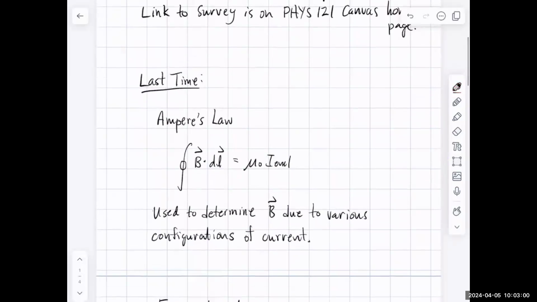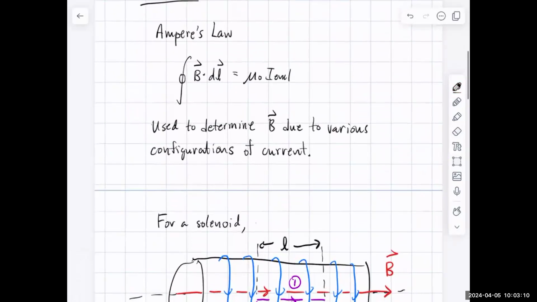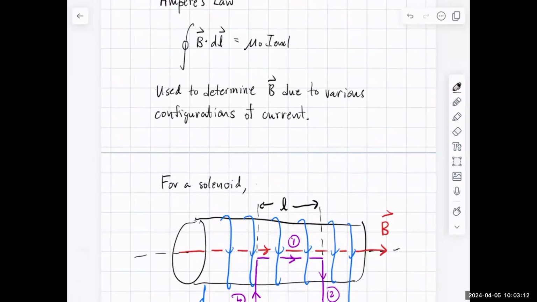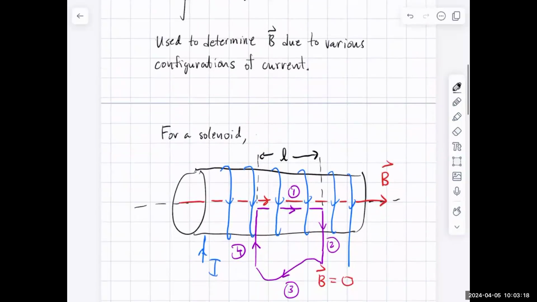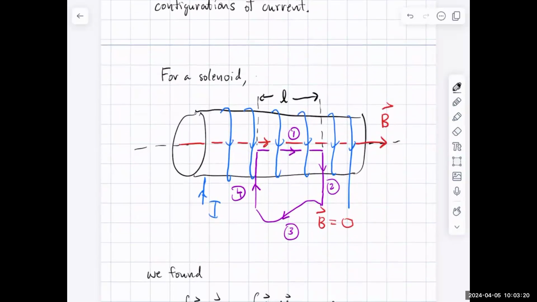Ampere's law said that this integral of B dot dl around a closed loop had to be equal to mu naught times I enclosed. And this is like the magnetic field version of Gauss's law for electric fields. And so it's often used to find the magnetic field of different types of distributions of current.